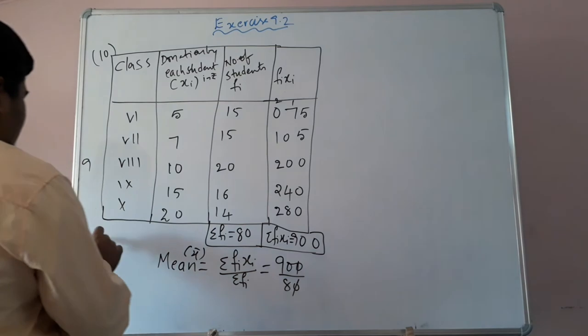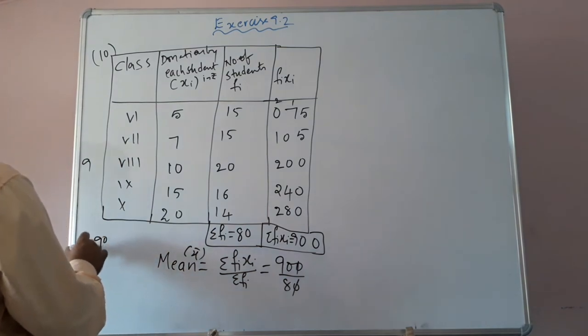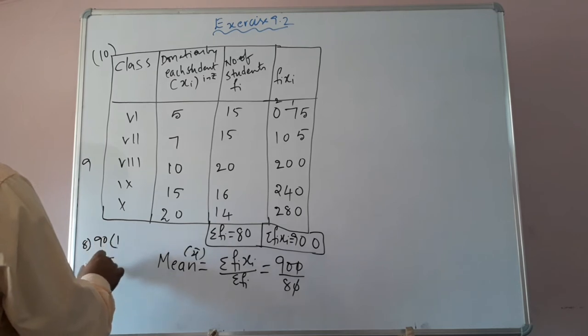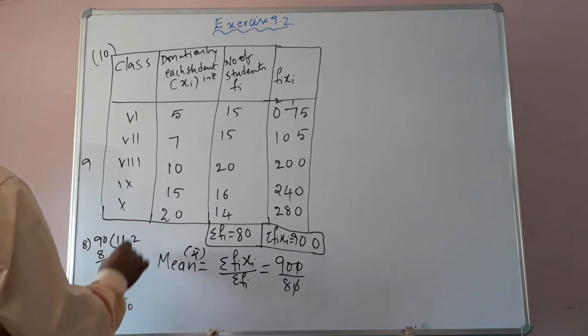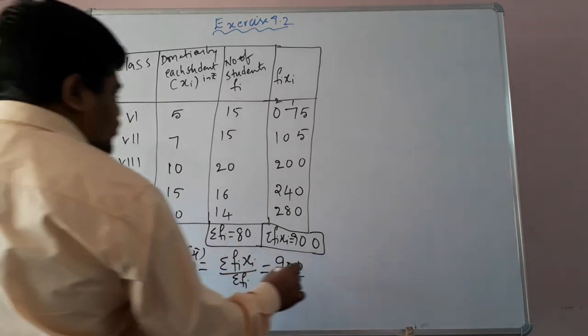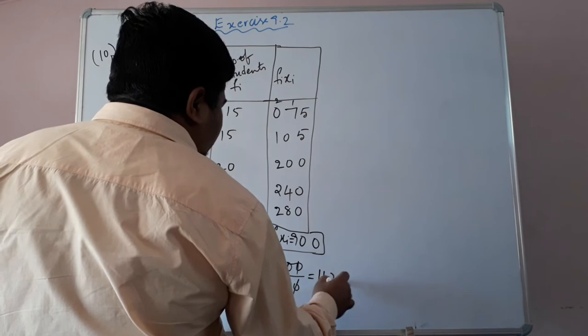So we have to divide 90 by 8. So what do we get, children? 8 ones are 8. 10 is there. 8 ones are 8. 2 is the remainder. 0. 8 twos are 16. Again 40 will come. 8 fives are 40. 11.25. Mean is 11.25, children.